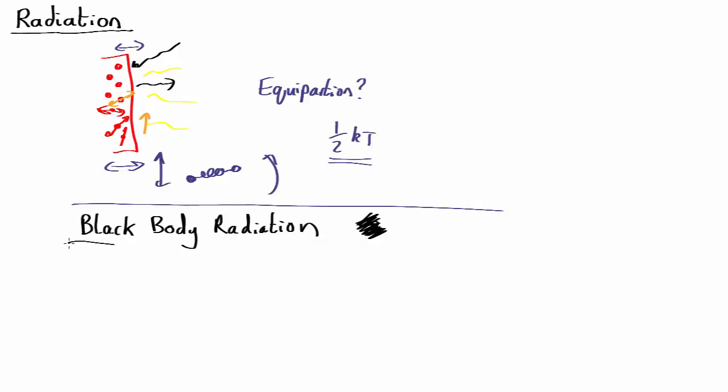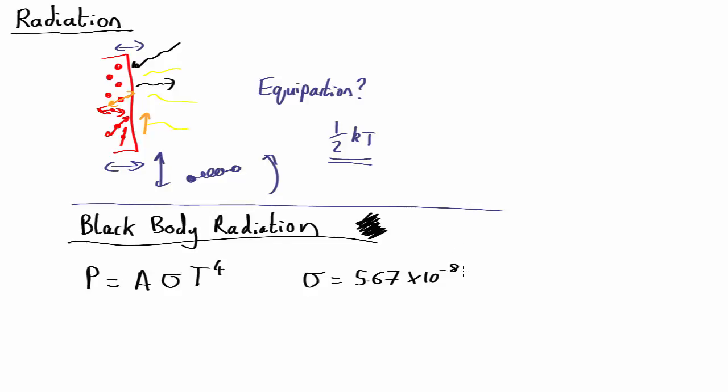Now, if something is a black body, so there's this perfect coupling between the electric and magnetic fields and the jiggling of the atoms, then something will radiate according to the Stefan-Boltzmann equation. Radiated power per unit area, or total power, is equal to the area times a constant sigma, P = AσT^4, where sigma is called the Stefan-Boltzmann constant and is equal to 5.67 × 10^-8 watts per meter squared per Kelvin to the 4th power.